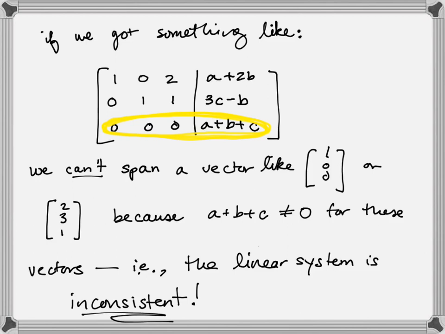And that means that we can't span all of R3. We can only span vectors in R3 where the sum of the entries, a plus b plus c, is 0. And that's kind of an interesting way to think about what different types of row reductions and the different reduced row echelon form matrices you get tell you about the types of vectors you can span.